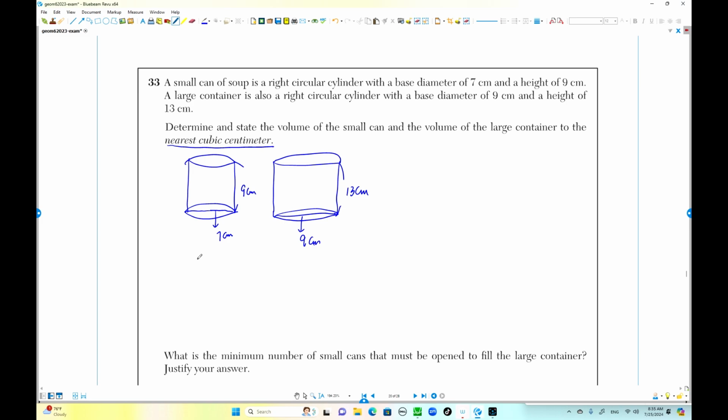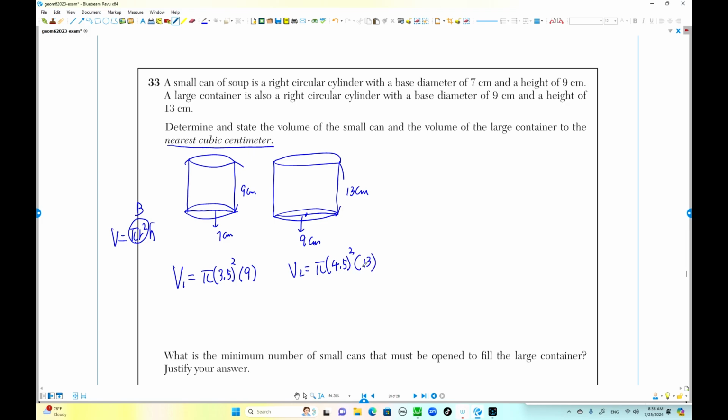What is the volume of the first one? I'm going to do the small one, V1. Pi r squared, base times height. R is half of this one, so 3.5, times 9, because you know the volume is pi r squared times h. And the second one is pi times half of 9, the radius. Don't forget that, you need to divide by 2. 4.5 squared times 13.